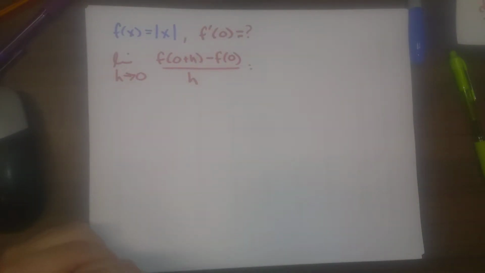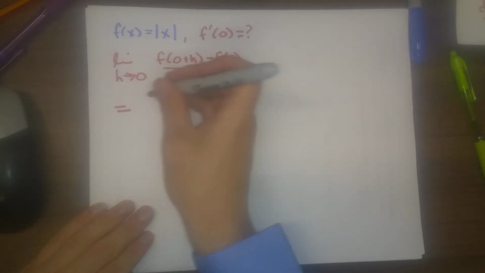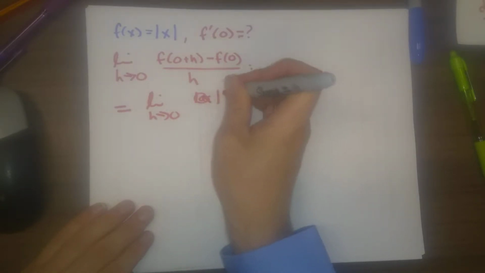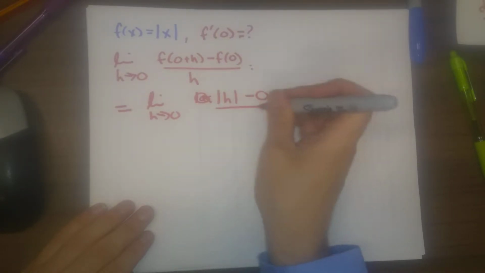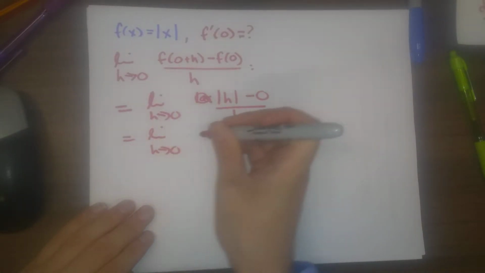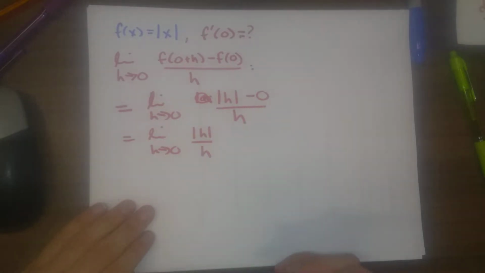Well, let's see. This reduces down to the limit of the absolute value of h minus 0 over h. So that's just the limit as h goes to 0 of the absolute value of h over h.